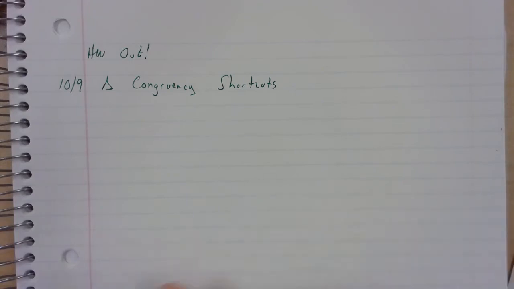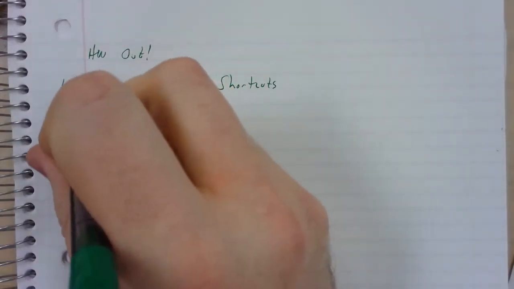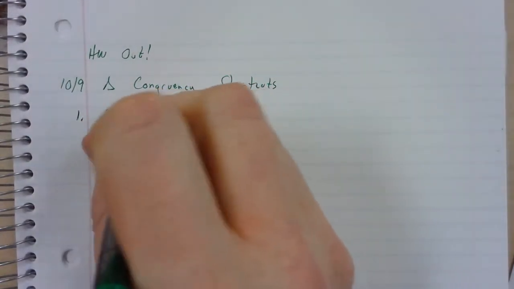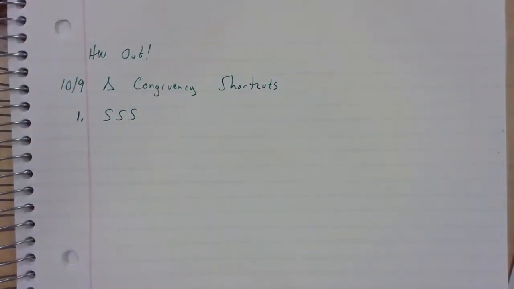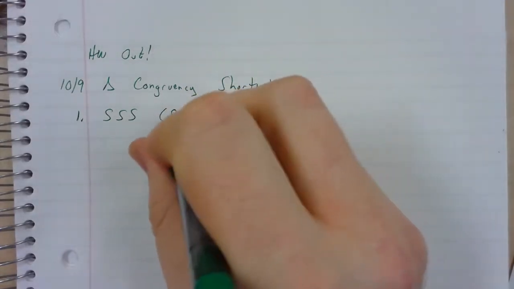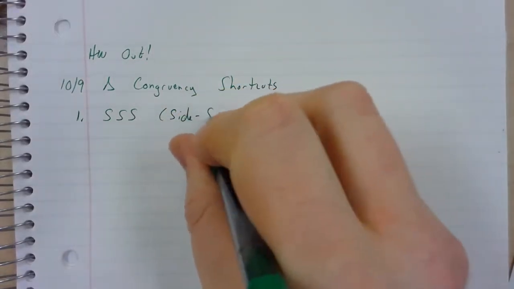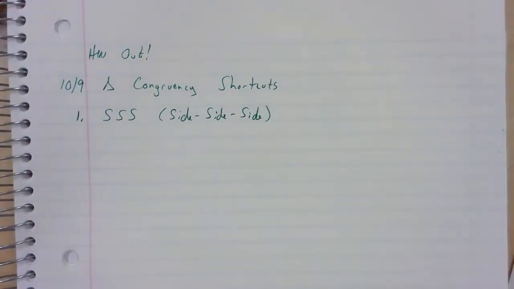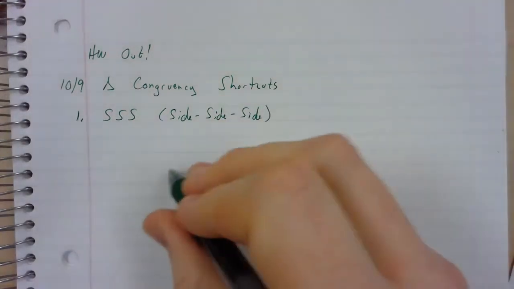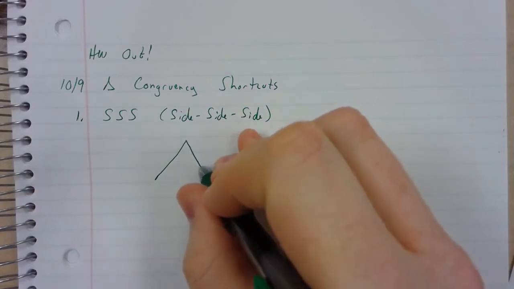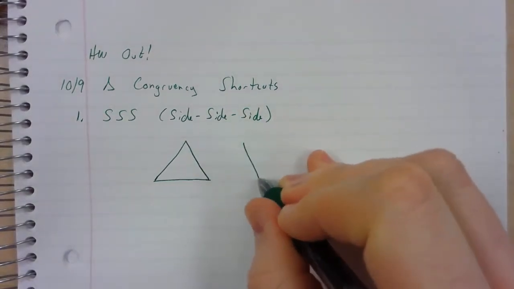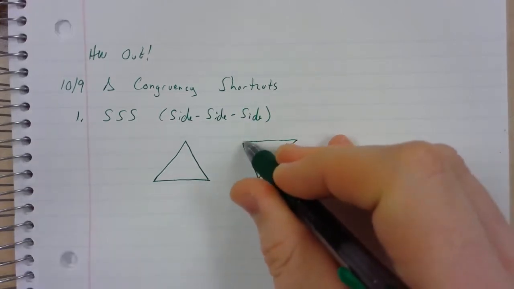All right. So let's go ahead and start with our first shortcut. Is what's called side-side-side congruency. All right, so SSS is what we'll put, and that stands for side, side, side. Now what this says is if I have 2 triangles, and they can be any 2 triangles, I draw them however I want, doesn't really matter.